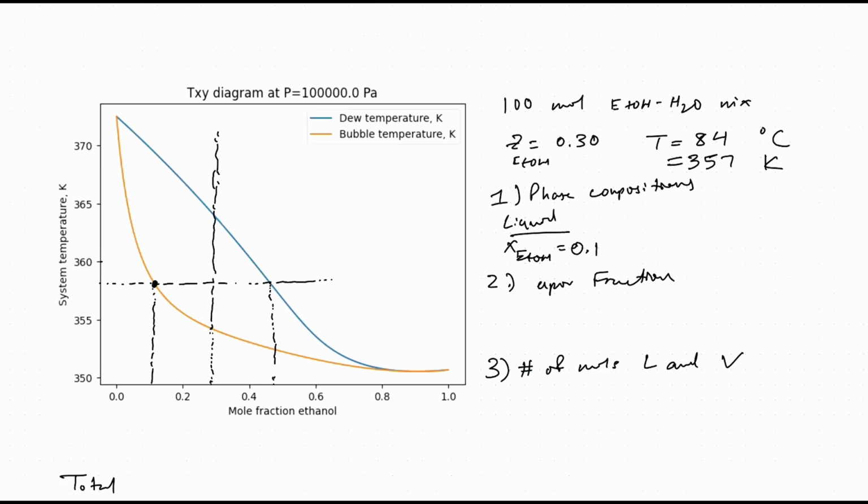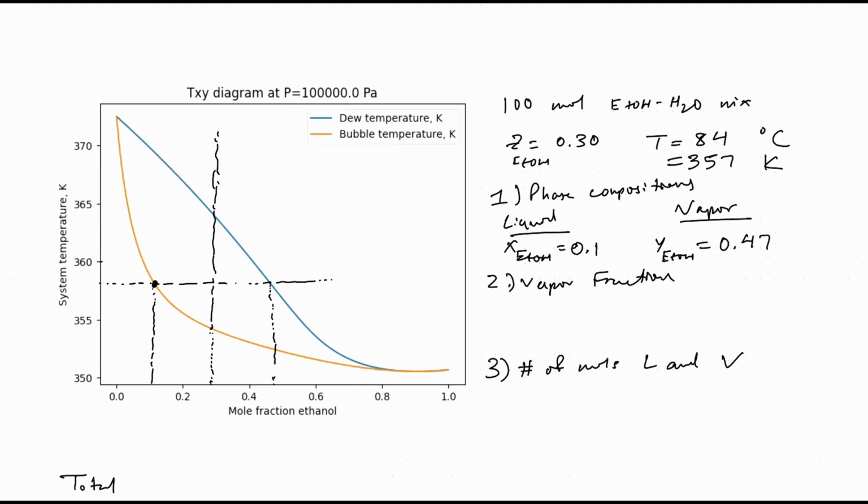And then the vapor composition, or Y ethanol, I would say is around 0.47, so about 47% ethanol there. Now let's find the vapor fraction.